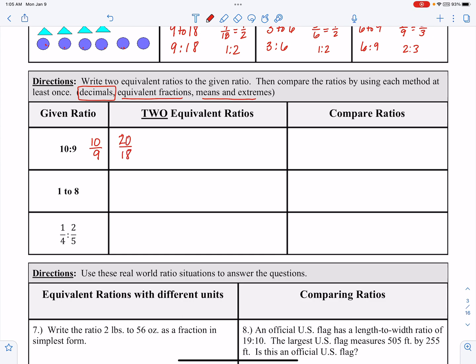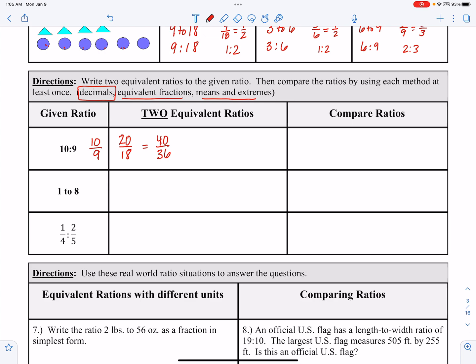I can multiply by 2 over 2 again, which is really my recommendation if you're making equivalent fractions. Just multiply by 2 over 2. It's the easiest thing. And so that is equivalent to 40 over 36. So we have our equivalent fractions already done and ready to go.